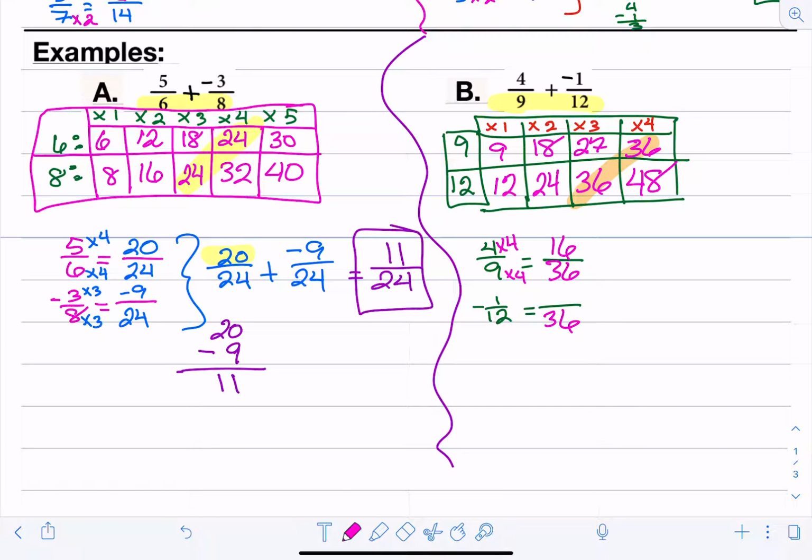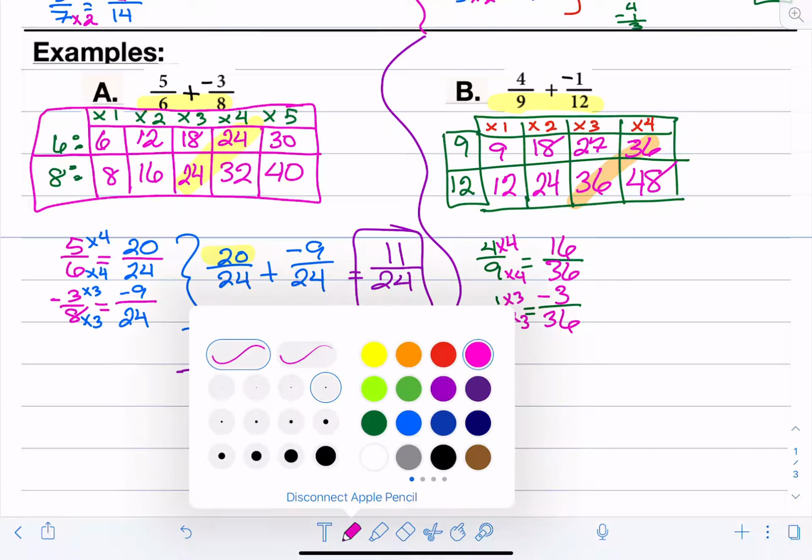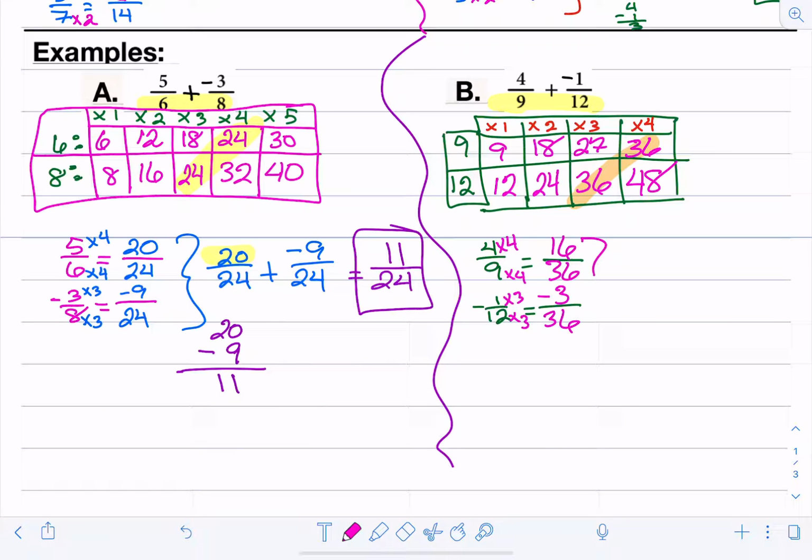What times 12 gives us 36? 12 times 3 does. Whatever you do to the bottom, you have to do to the top. So 1 times 3 is 3, and we get -3 over 36. Okay? So we end up with 16 over 36 plus a -3 over 36.